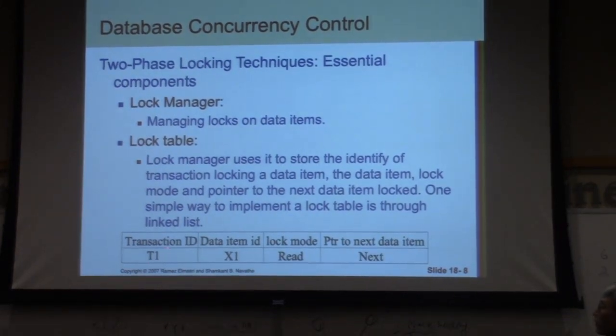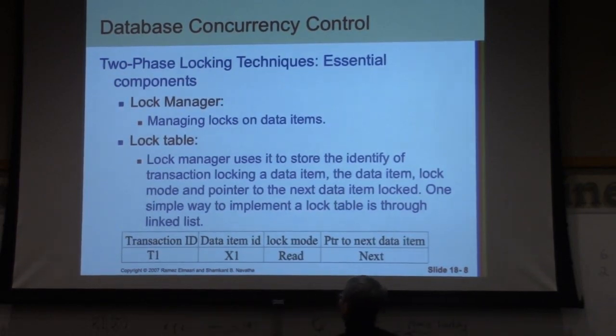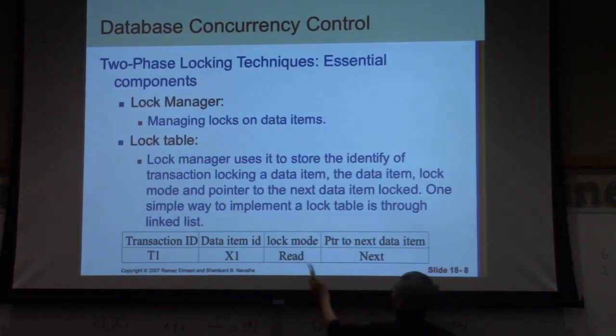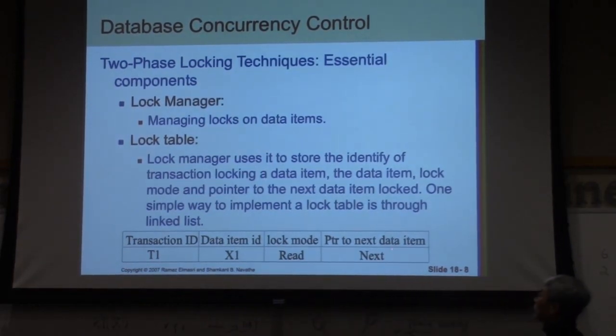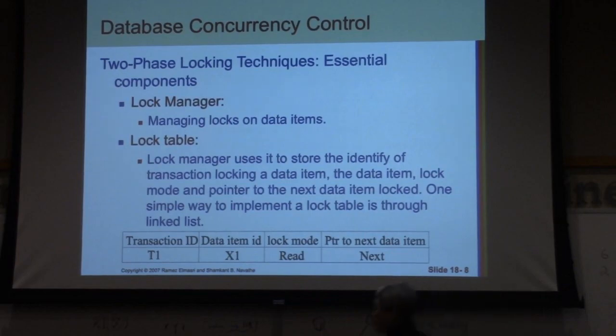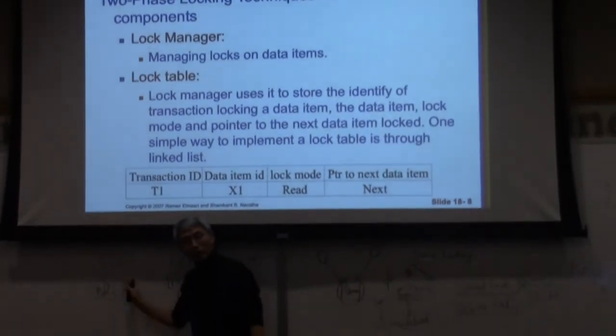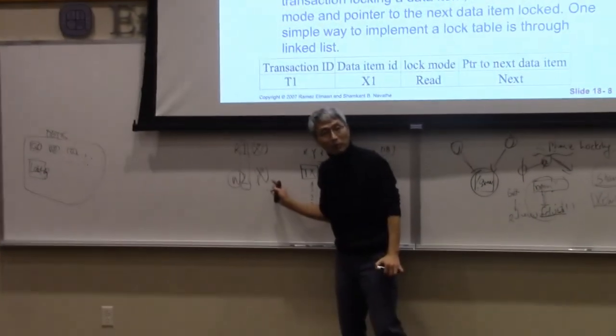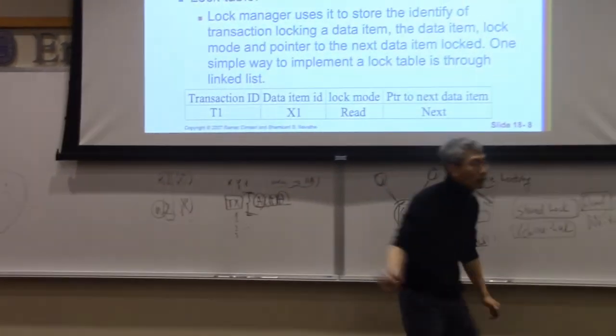So we are going to keep the transaction ID, any data item that the transaction accesses, what kind of lock, read lock or write lock, shared lock or exclusive lock, and a pointer to the next data item, because one transaction may have multiple resources. So what is the next data item? This is a lock table.